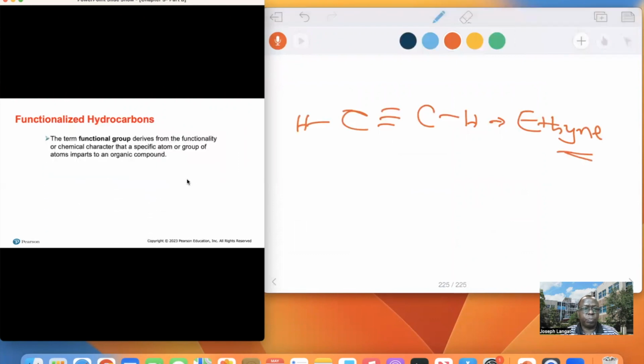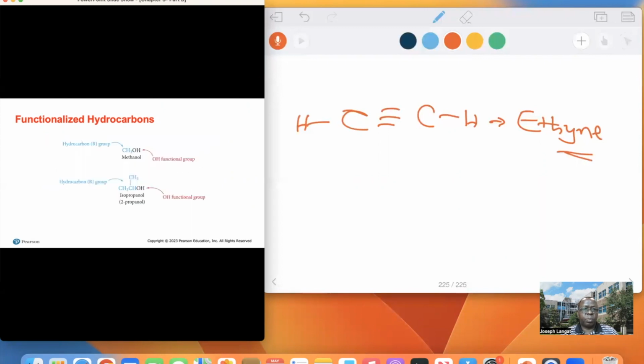A functional group is a group of atoms which gives a molecule a characteristic property. It's a specific group of atoms, and it is part of the organic compound. We sometimes refer to it as a family, a group of organic compounds with the same functional group.